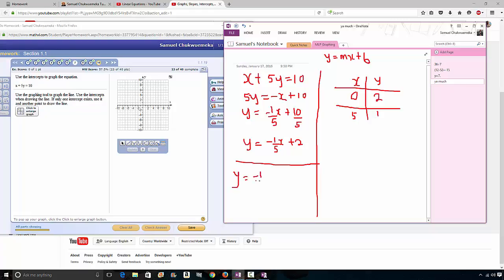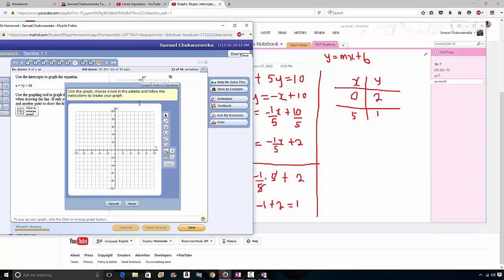Negative 1 over 5 times 5 plus 2. 5 divided by 5, so this is negative 1 times 1, which is negative 1 plus 2. You owe 1, you have 2, and that gives you 1.